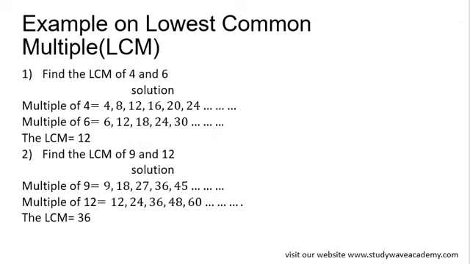Example on lowest common multiple, we have here number 1, find the LCM of 4 and 6. We are to look for the lowest common multiple of 4 and 6. That is the lowest number that can be divided into 4 and 6.